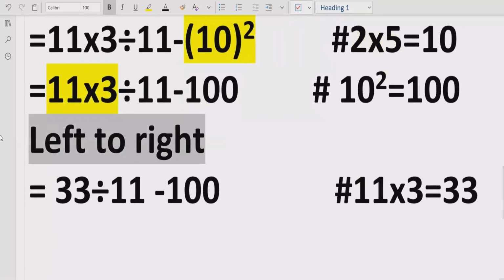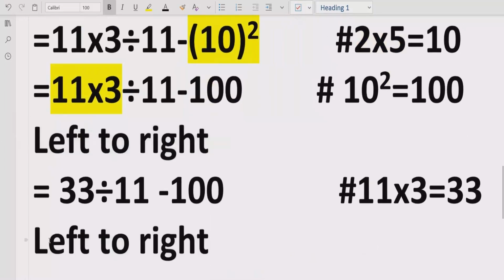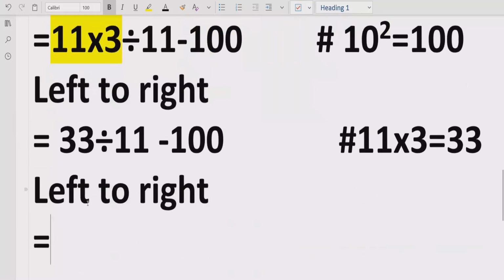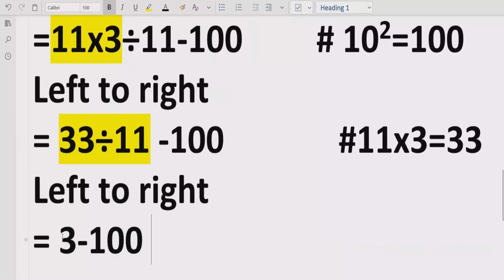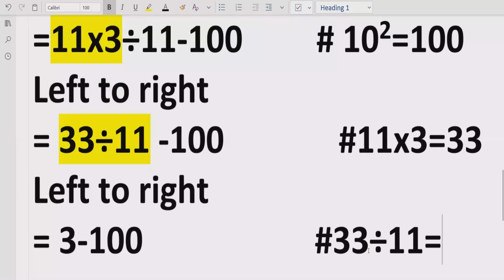Now move forward again. We have to go left to right and find out which is coming first. So now we have 33 divided by 11, which equals 3, and minus 100 we will write as it is. And here we have to give the reference: 33 divided by 11 equals 3.